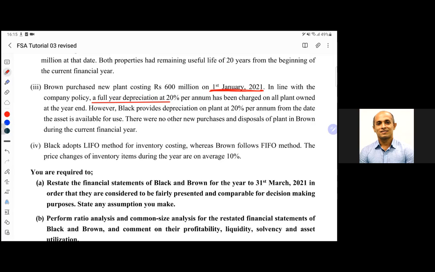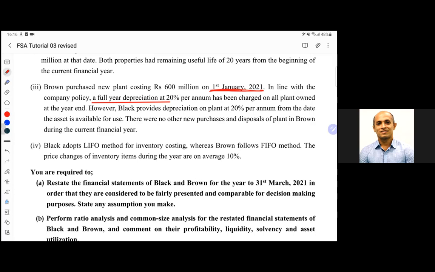Again, the company has used this new asset only for 3 months, but has charged full year depreciation. With this, the company's depreciation expense has been overstated.